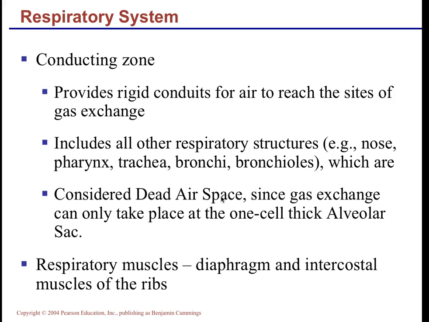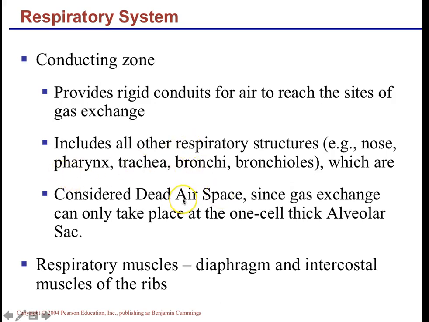So one of the reasons why you want to oxygenate the body by taking in deep breaths is that you increase that volume, so you increase the amount of air that actually reaches the alveolar sac for exchange. So only about 350 mils out of 500 reaches the alveolar sac. The rest, the 150, stays in the bronchi, and that is considered dead air space.